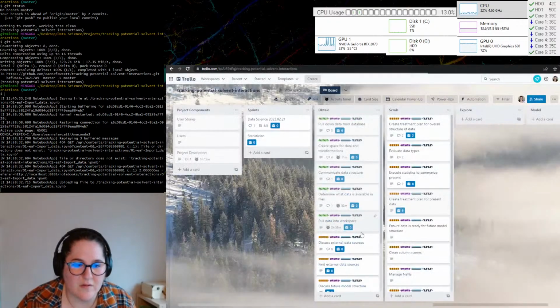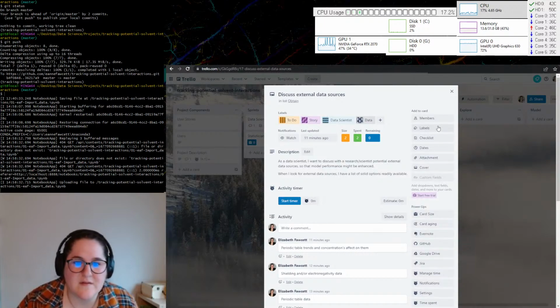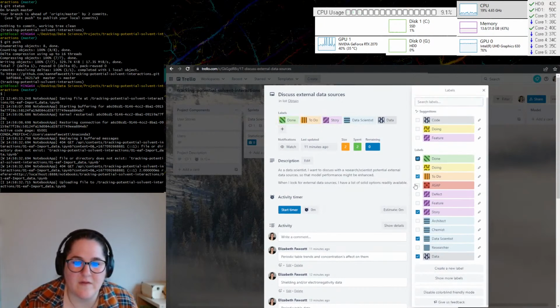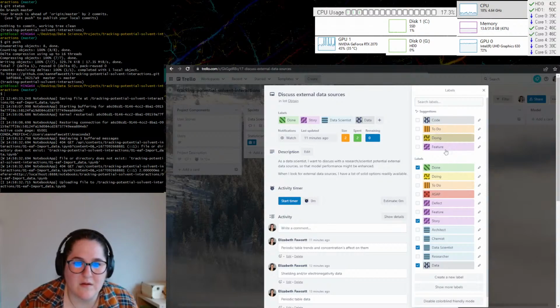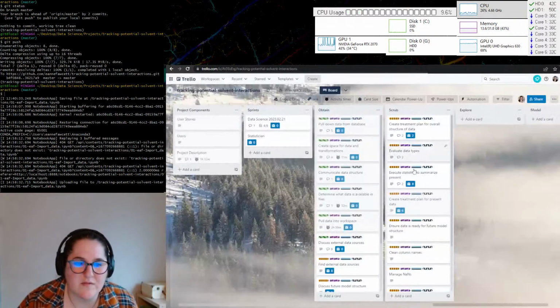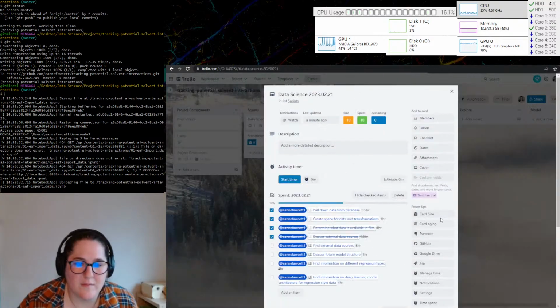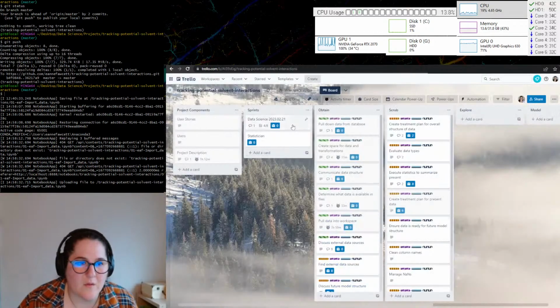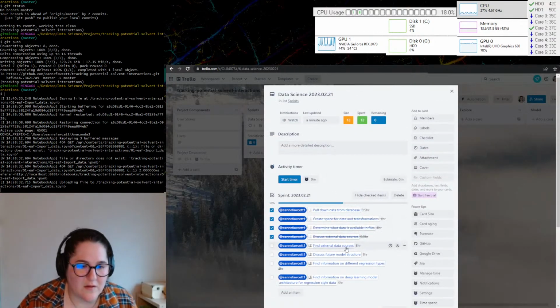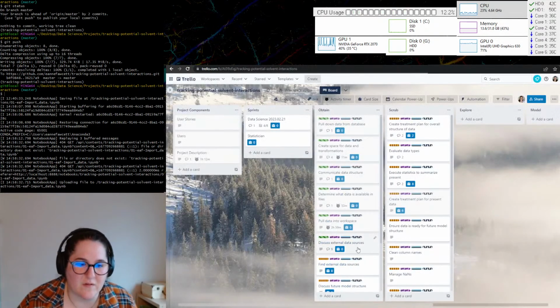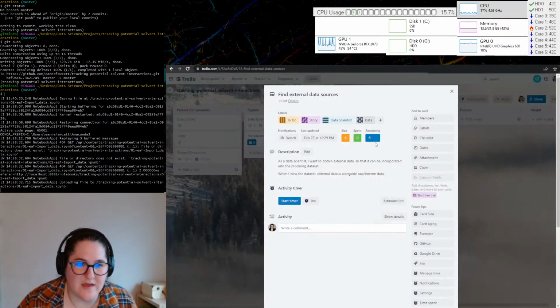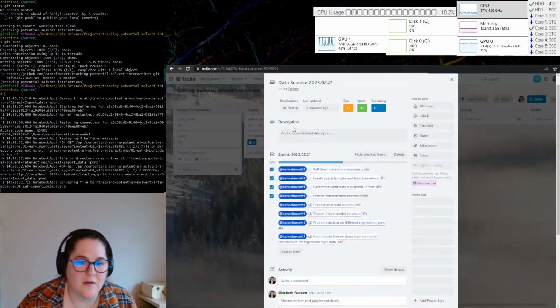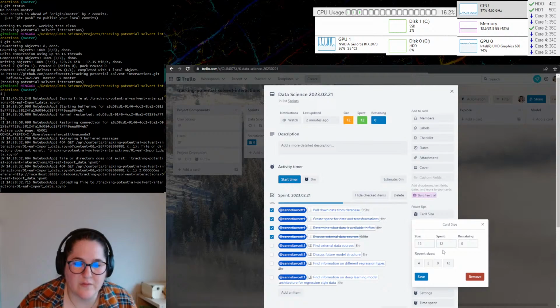Discuss external data sources. This we're going to update to done. We did it together. It had 2 story points associated with it. Save. Okay. And then the next thing is find external data sources. That's 8. We still have that remaining to do.